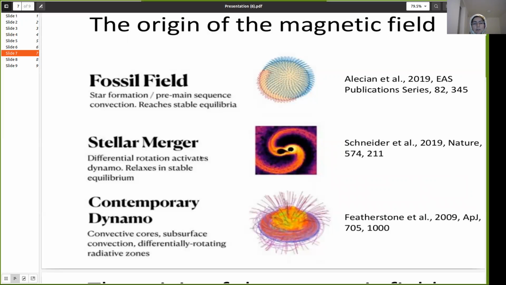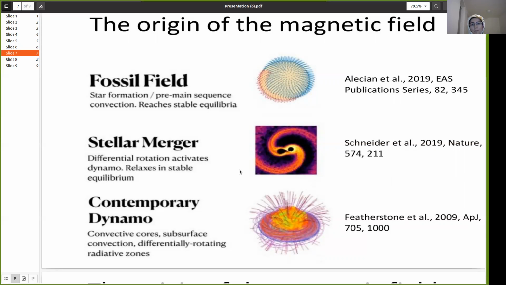The second theory is stellar merger, where we consider that two CP stars rotate around each other and then merge, and then we have a magnetic field.